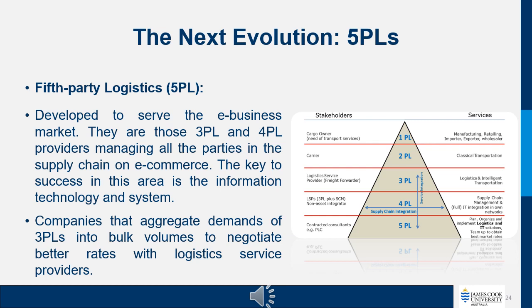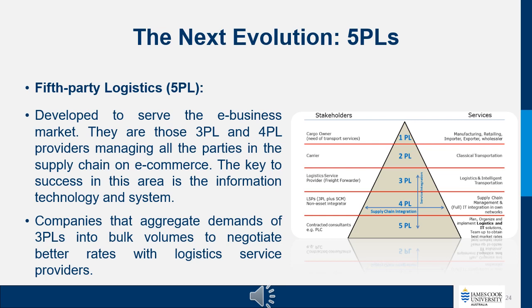Fifth party logistics is a concept that has emerged to cater to the e-business market and the complexity of managing supply chains in the realm of e-commerce. 5PL providers go beyond the role of traditional 3PL and 4PL providers by overseeing and coordinating all the parties involved in the e-commerce supply chain.